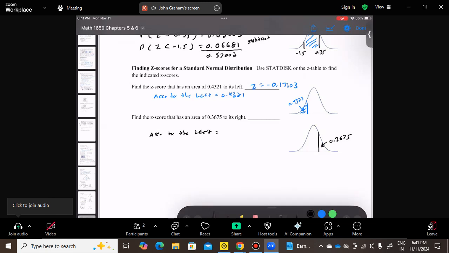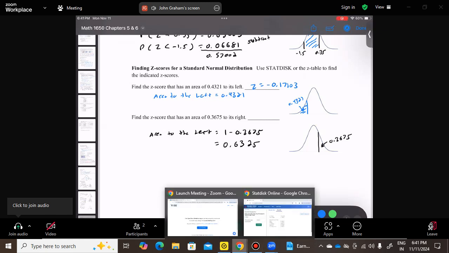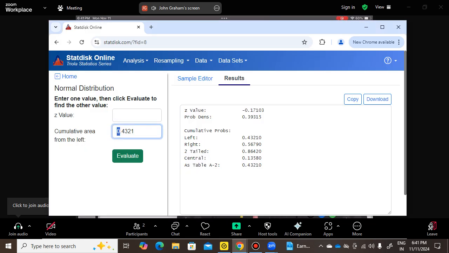So we do 1 minus 0.3675, and we get 0.6325. Now we can put that in, and we get a z-score of 0.33848.